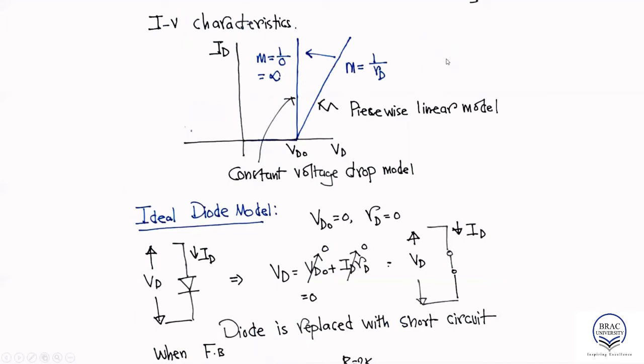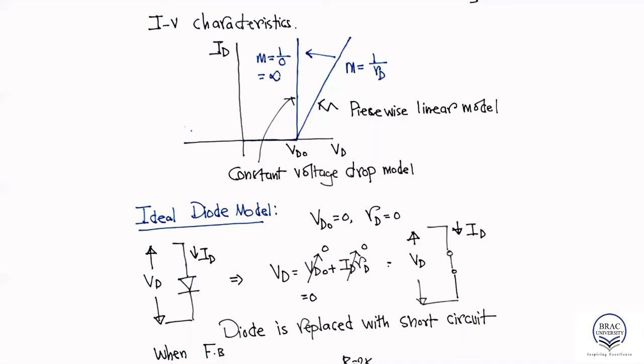So how do the IV characteristics for the constant voltage drop model look? Again, ID is the vertical axis, current, and VD is the horizontal axis, voltage. If this is our piecewise linear model, which is replaced by two straight lines, VD naught is the intersection between the straight line and the x-axis.